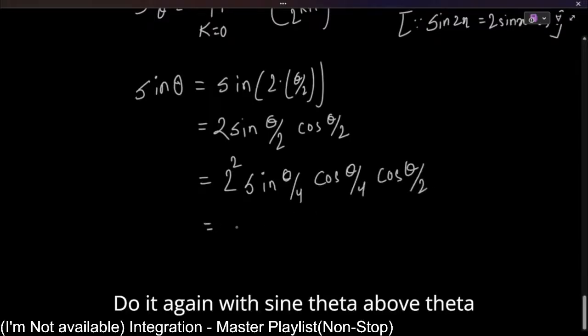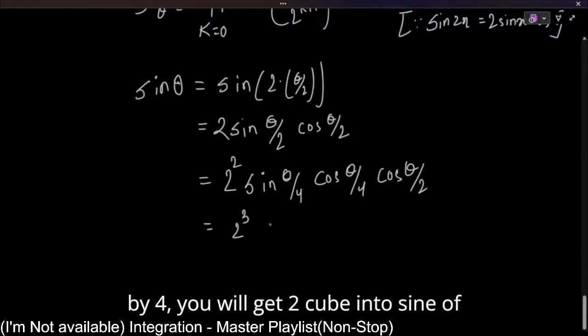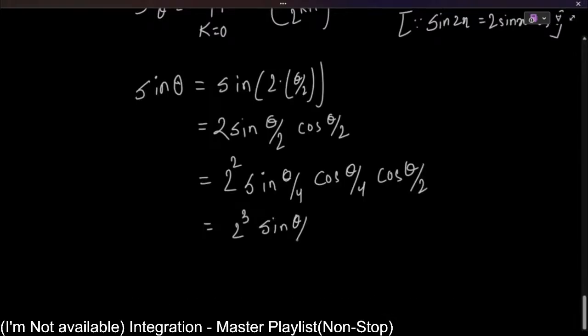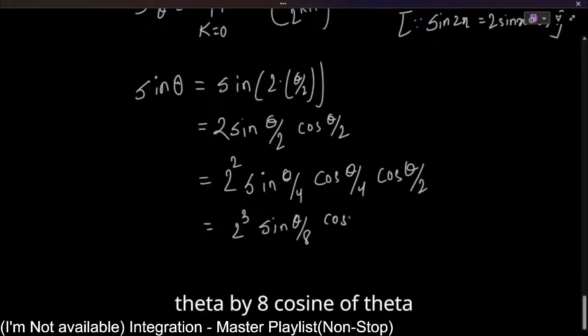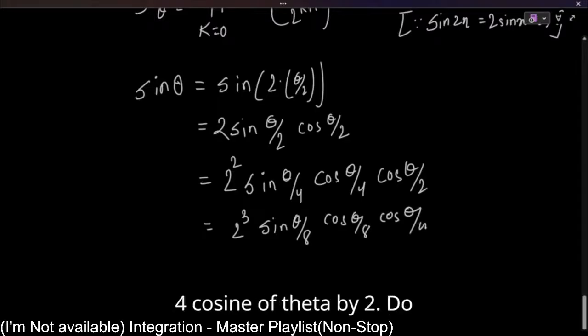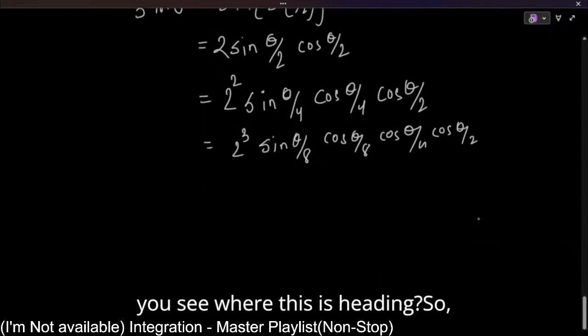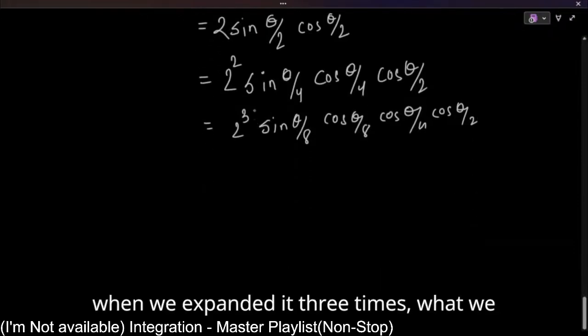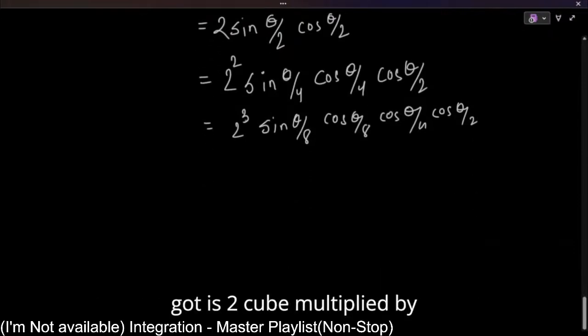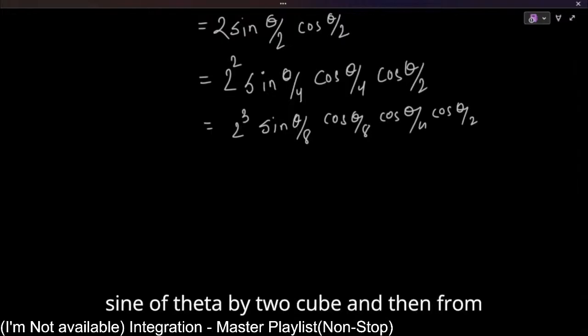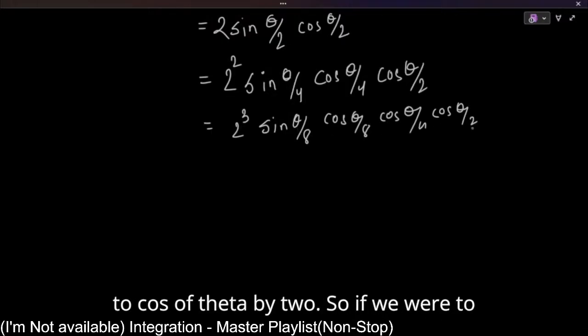Do it again with sine theta by 4, you will get 2 cube into sine of theta by 8, cosine of theta by 8, cosine of theta by 4, cosine of theta by 2. Do you see where this is heading? So when we expanded it 3 times, what we got is 2 cube multiplied by sine of theta by 2 cube, and then from cos of theta by 2 cube all the way up to cos of theta by 2.